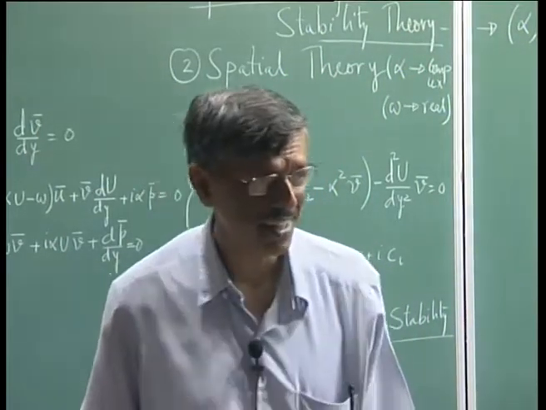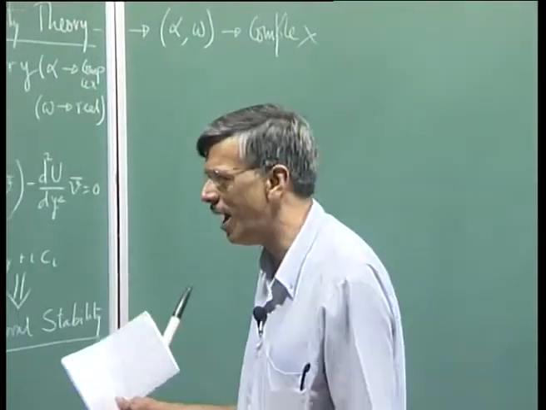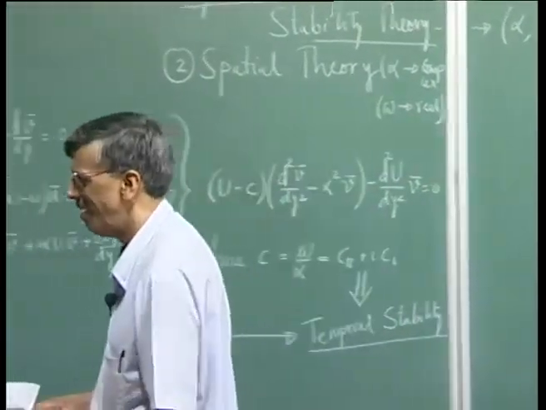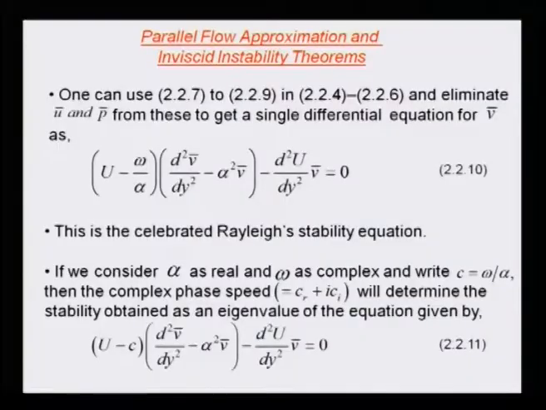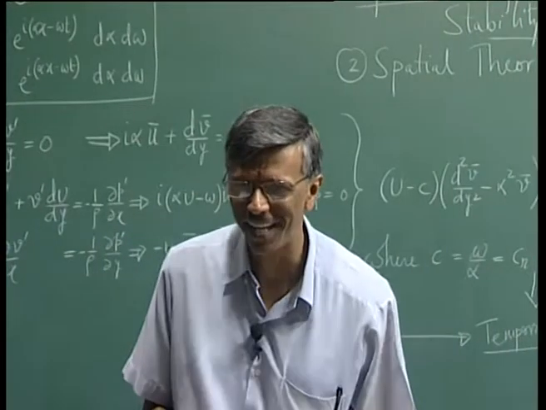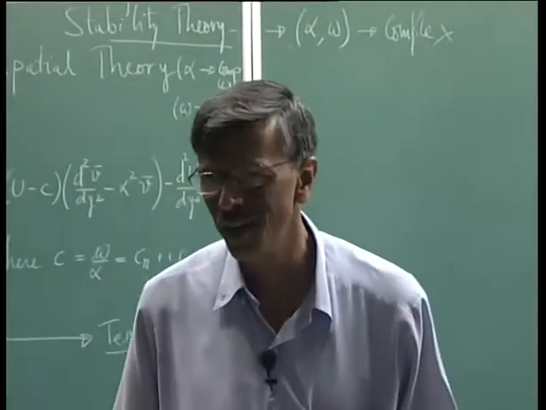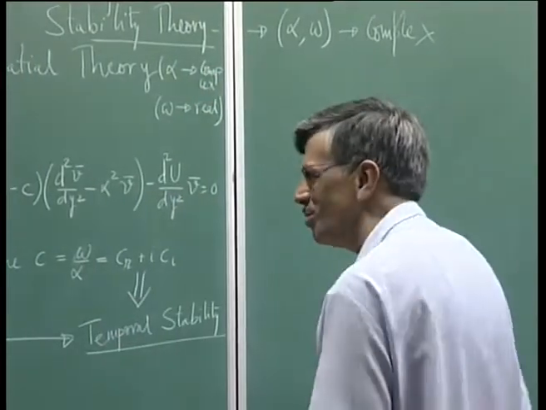So, U of y was completely unknown, and one could take something, but that kind of approximation would not interest people of Rayleigh's caliber. They said, let us figure out if we can get some information about the stability or instability without even solving this equation, and that is what we are going to do next.